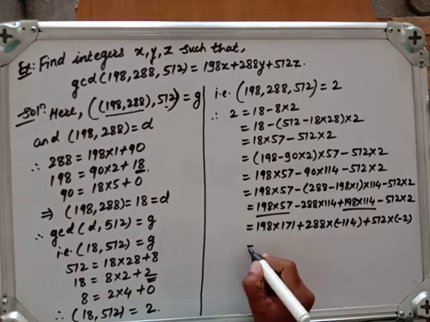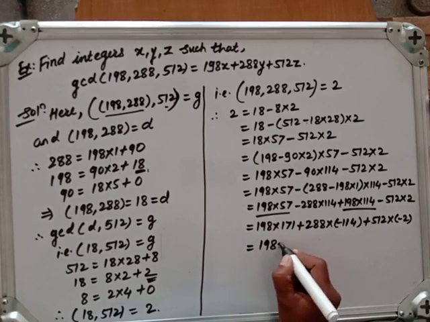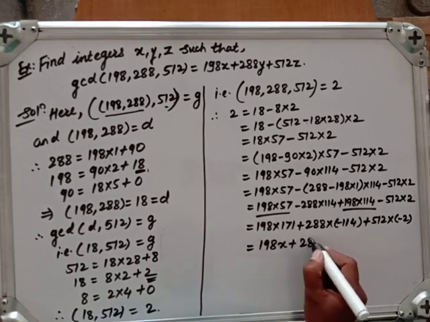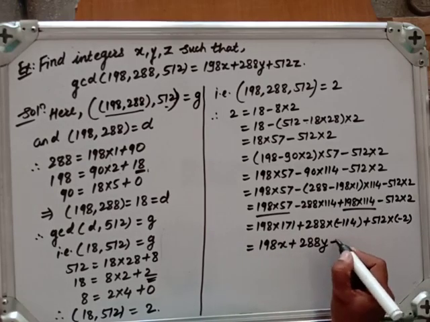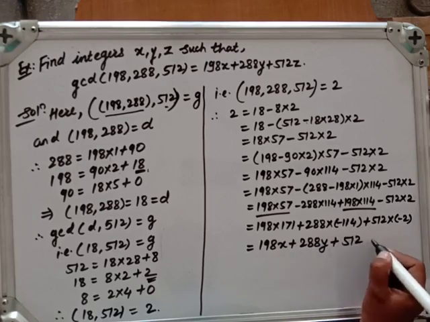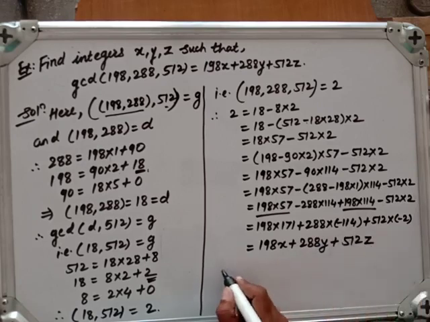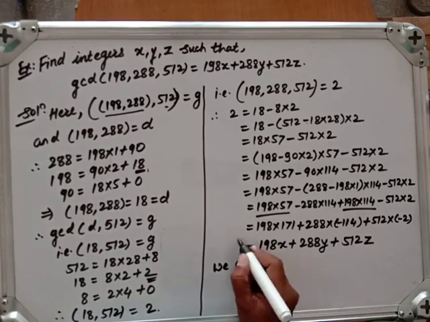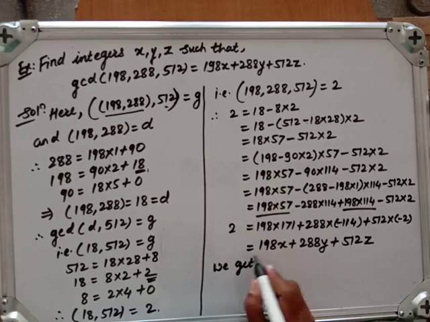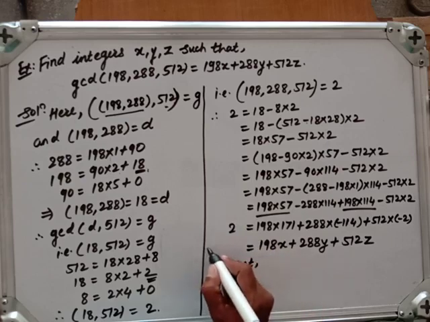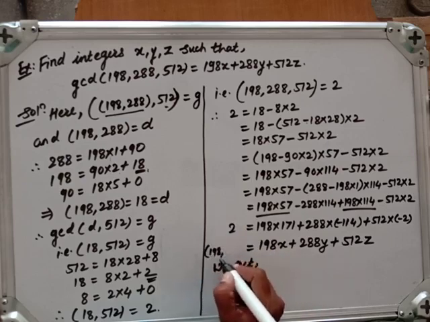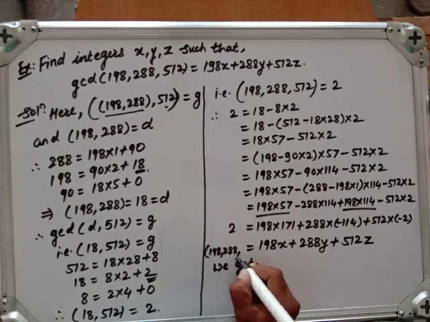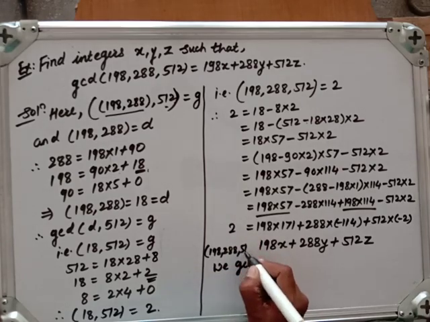So comparing with 198x plus 288y plus 512z, we get 2, the GCD of 198, 288 and 512, is equal to this.